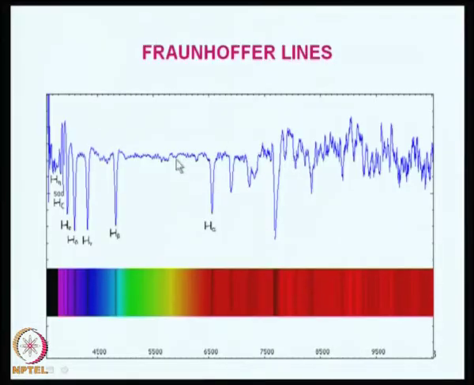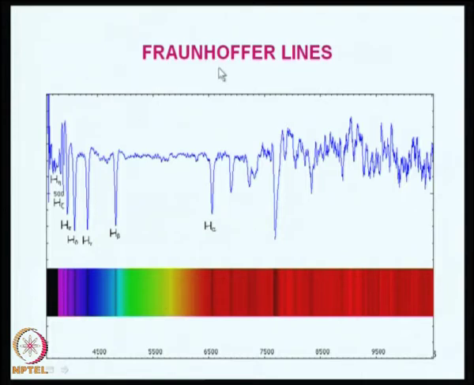He showed the reversal of the spectral lines. So, in essence, the elements in the sun are absorbing the same radiations that are present in the emission of the same elements.